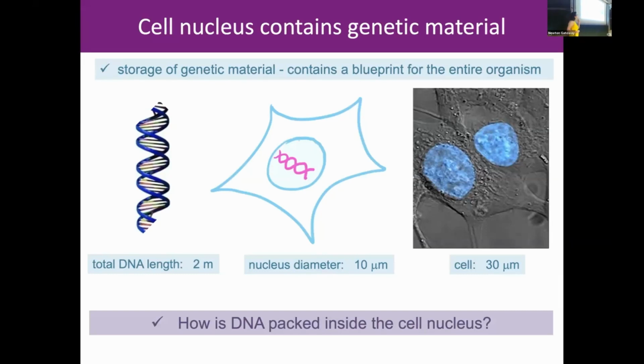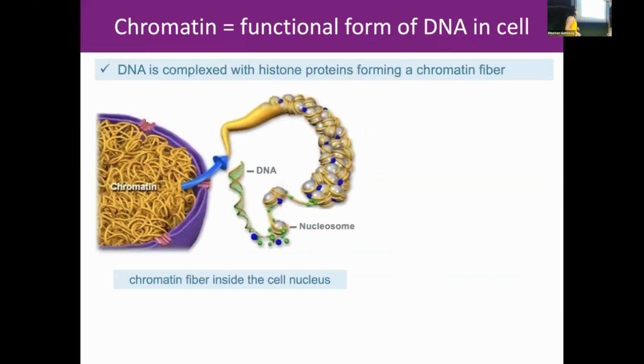And what is so tantalizing about it is that as humans, we have 2 meters of DNA in every single cell nucleus in our body, and the cell nucleus is barely 10 microns in diameter. Here the cell is on the order of tens of microns. The nuclei here are highlighted in blue color. So you see, it's a true engineering feat how nature actually manages to pack 2 meters inside of a 10 micron nucleus.